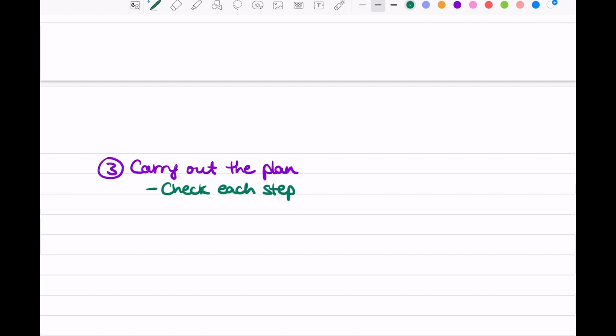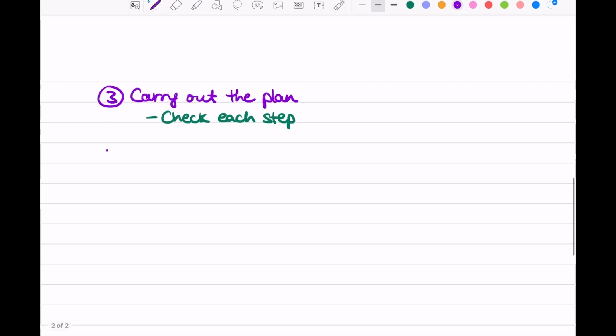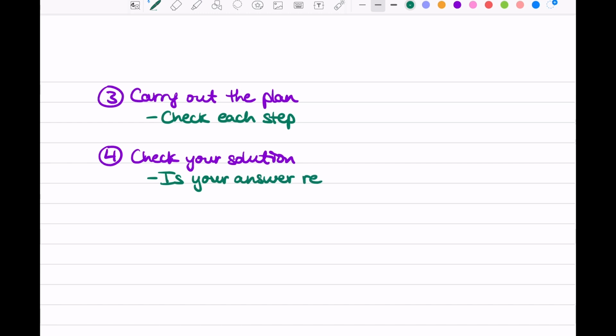And once you've carried out your plan, step 4 of our method, the final step, is check your solution. You want to ask, is your answer reasonable?